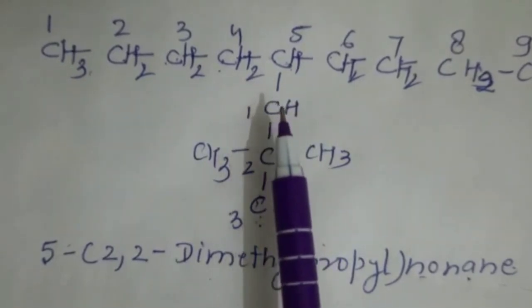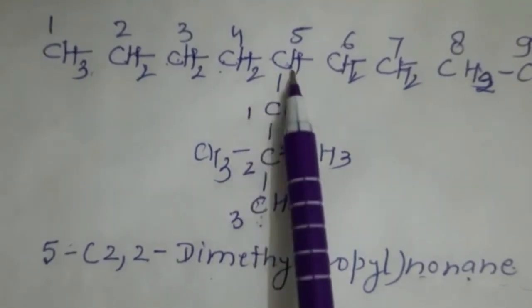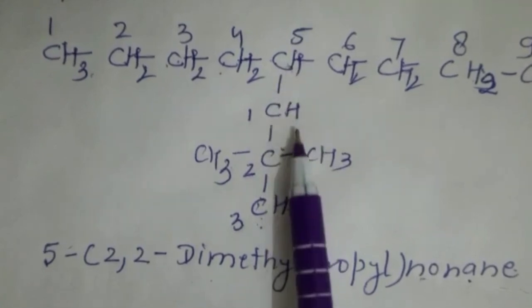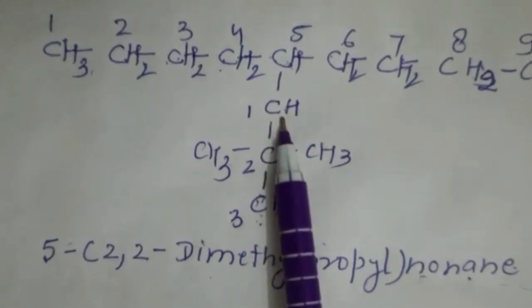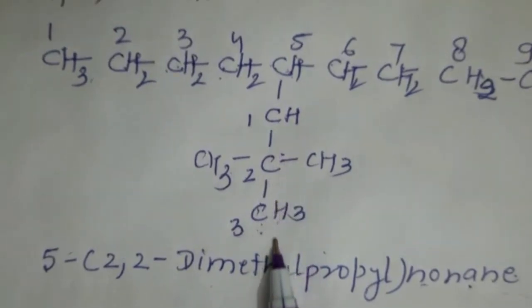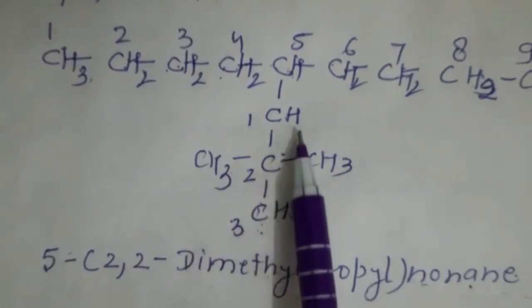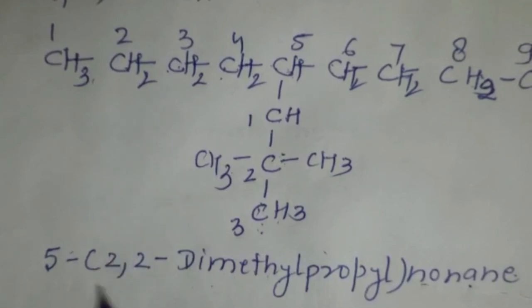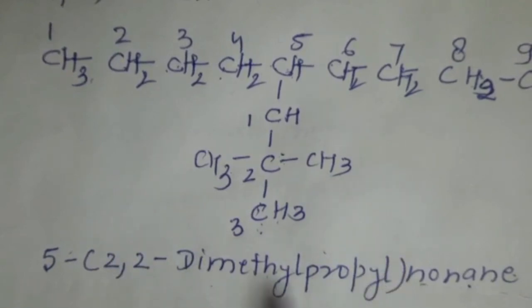The important point is that the carbon which is directly linked to the principal chain is considered as the first carbon atom, and taking it as the first carbon atom you have to select the longest chain containing the maximum number of carbon atoms and use the IUPAC nomenclature rules for naming this alkyl group. You have to write this inside the bracket and then the principal alkane.